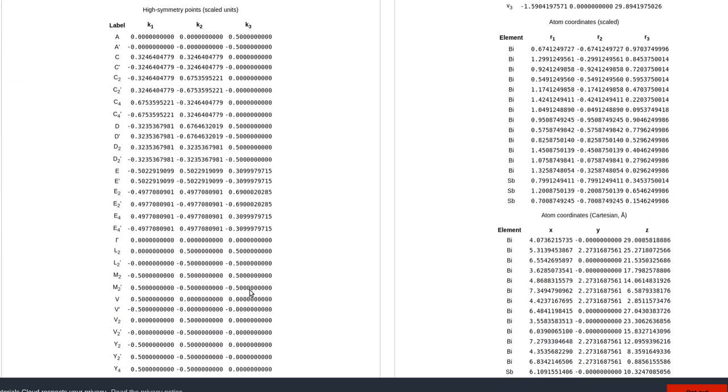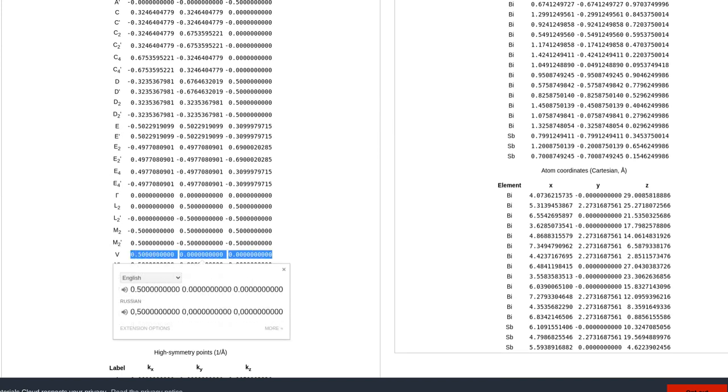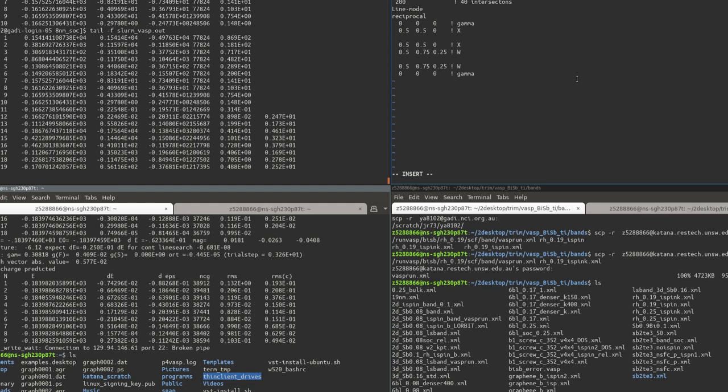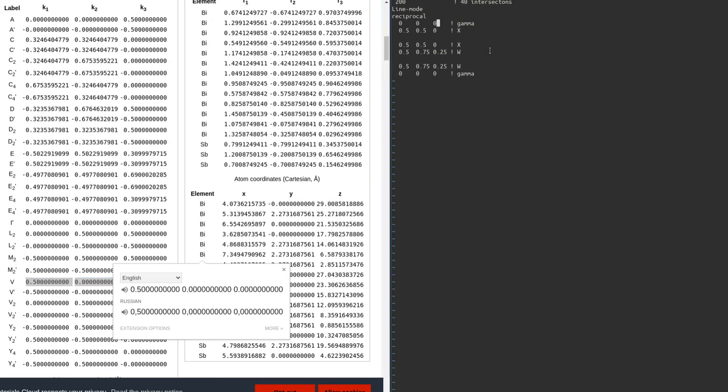And where is V? So V is here. Let's just copy it here, and I think it will be useful to just move it here. I will not remove gamma yet. So here is V. Here is gamma.